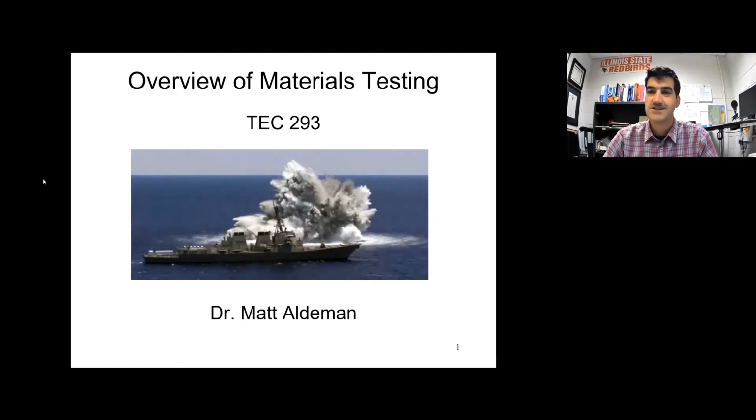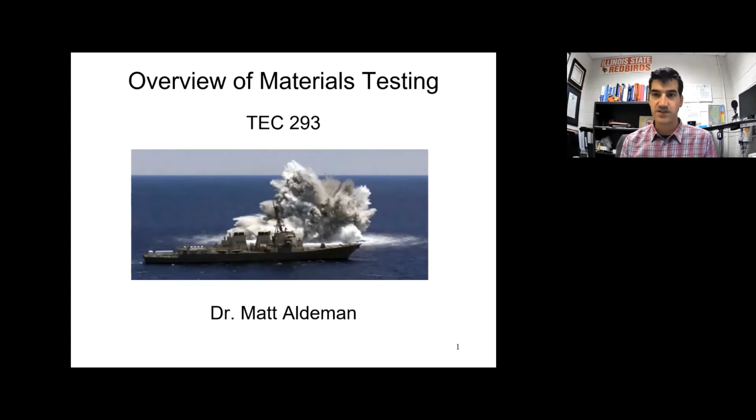So just a couple examples to get us started. You might see the picture on the screen. That is an Arleigh Burke class destroyer undergoing shock testing, which is a type of materials testing. And this is the lead ship of the class. So this is the USS Arleigh Burke undergoing shock testing during sea trials, the first time it actually went out to sea.